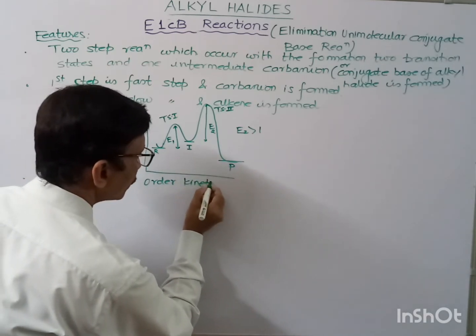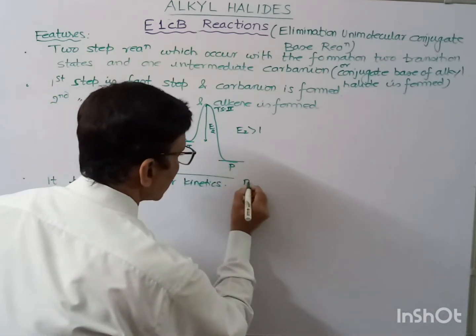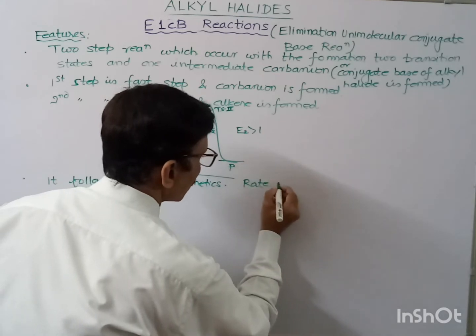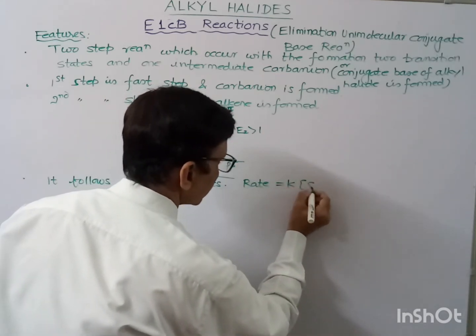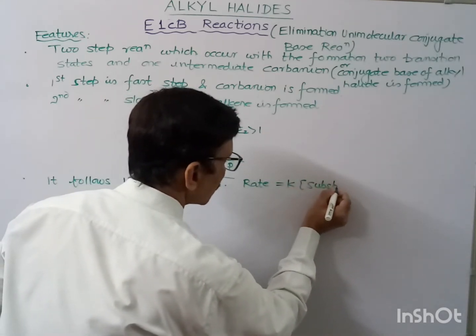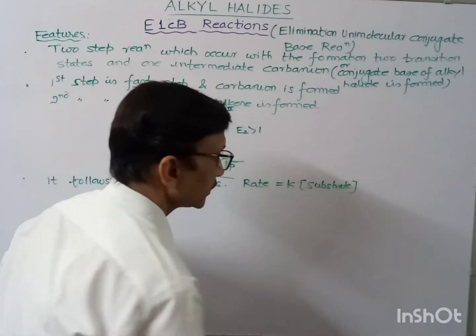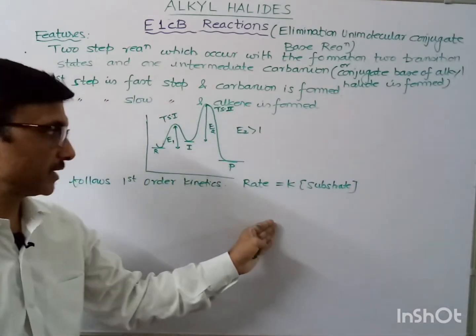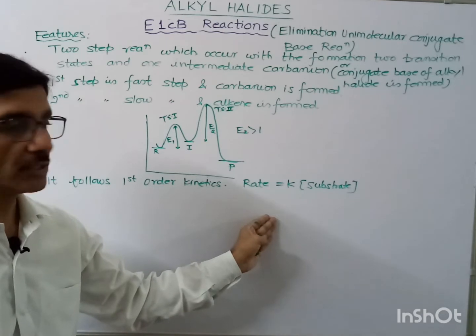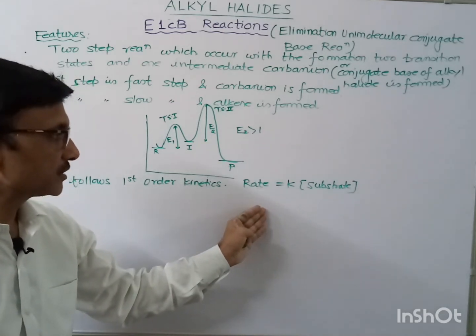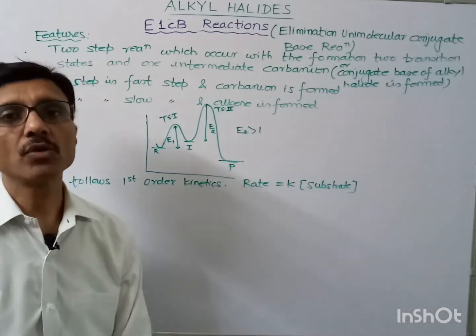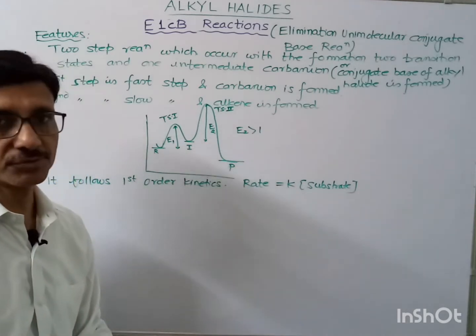The rate of reaction only depends upon the concentration of substrate. Though this reaction occurs in the presence of a strong base like the E2 reaction, the rate of reaction still only depends upon the concentration of substrate.